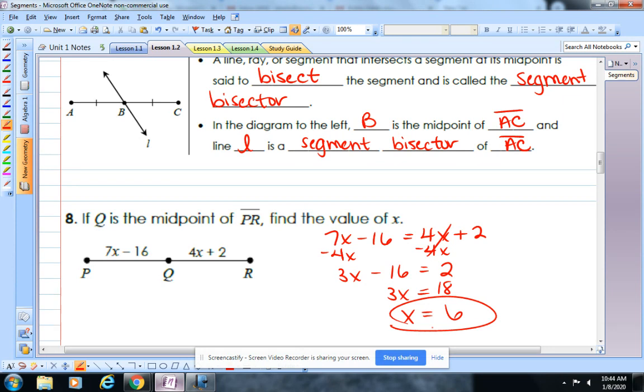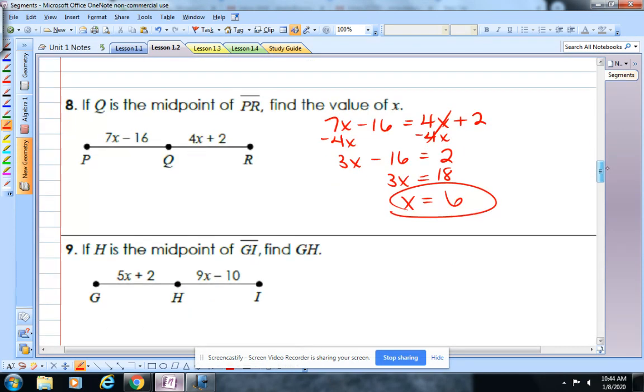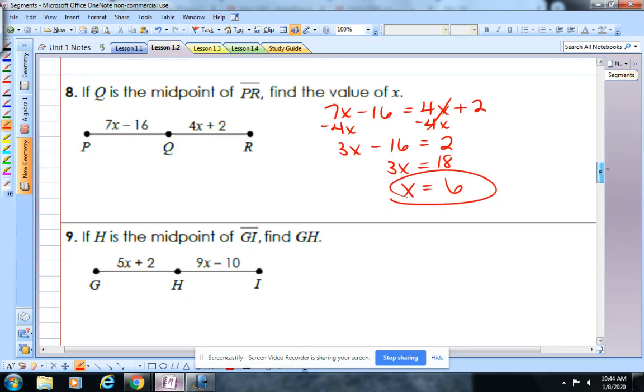What would be the length of PQ? I believe it'd be 26. Right? So the length of the whole thing is what? 52. Very good. So both of these would be 26, and the whole thing would be 52. All right. Y'all are so smart.